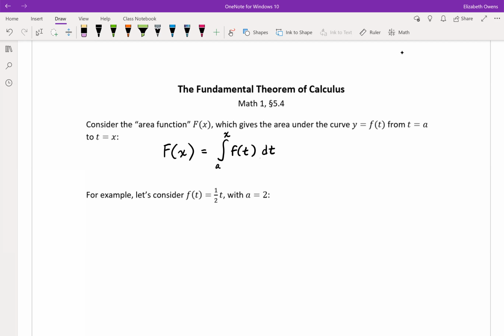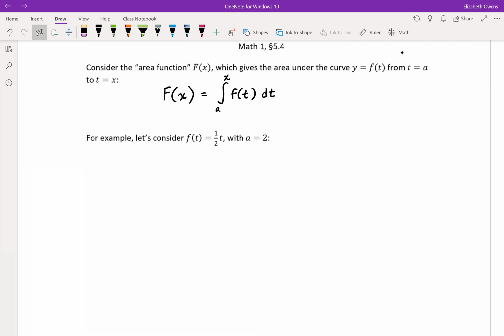Let's look at this in the context of an example. So we're going to consider f of t equals 1/2 t and use a equals 2 in this F of x function. So our area function that we're looking at, F of x, would look like this. The integral from a, which is 2, so 2 to x of f of t, which is 1/2 t dt.